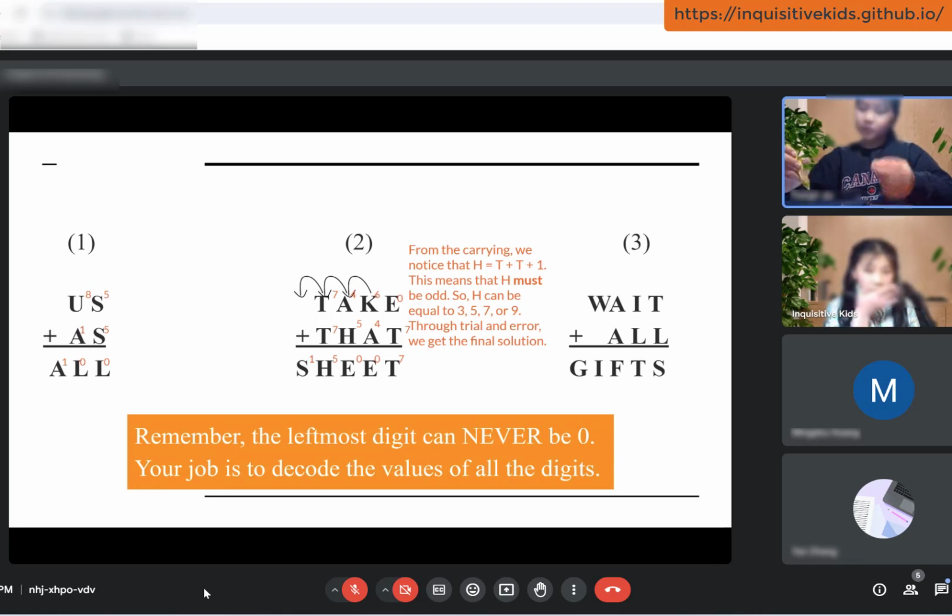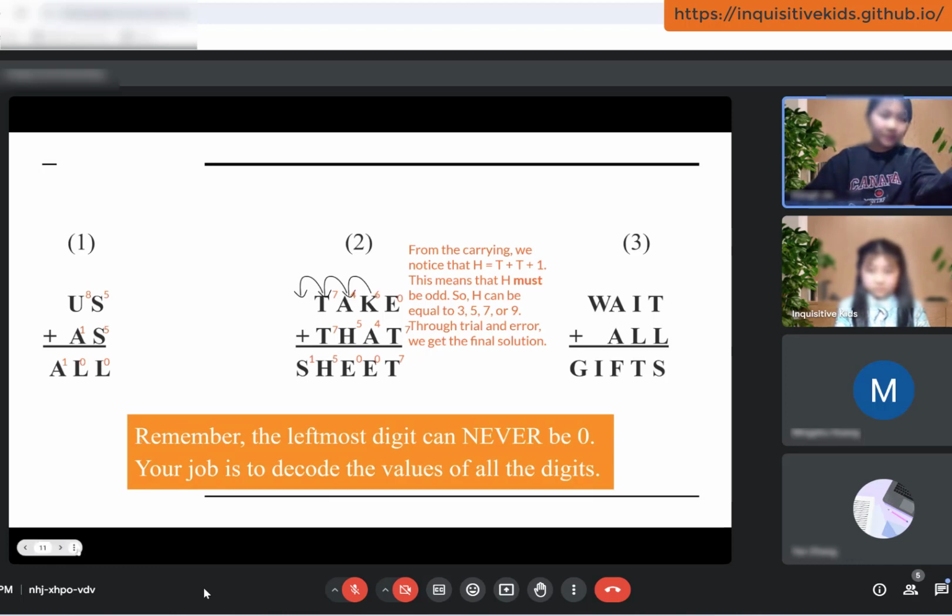And then because we know that t's value depends on h if we look in the thousands column, right? Because t plus this carried 1 that's supposed to be on the top here. Let me switch into pen. So there's actually a 1 that's carried up here. So then 1 plus t depends on the value of h.